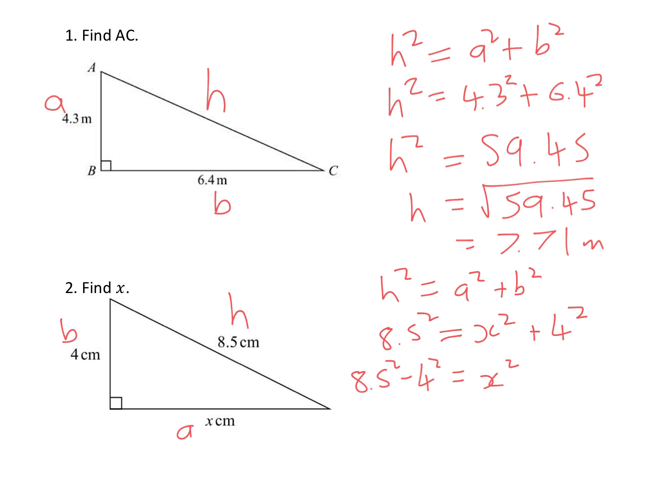Or, another way to think of it is, if the hypotenuse squared is equal to the sum of the squares in the shorter two sides, then a shorter side squared is the hypotenuse squared minus a short side squared. You then get that x squared is equal to 8.5 squared minus 4 squared, which is 56.25. And then to find out x, we square root that.